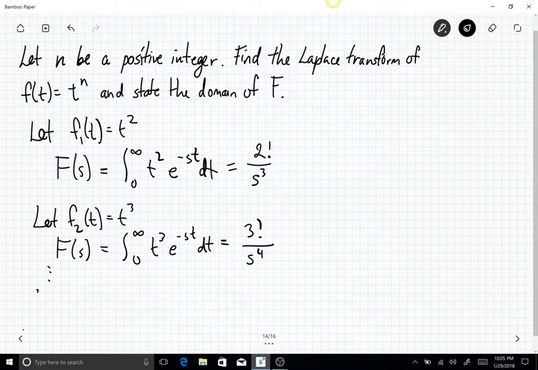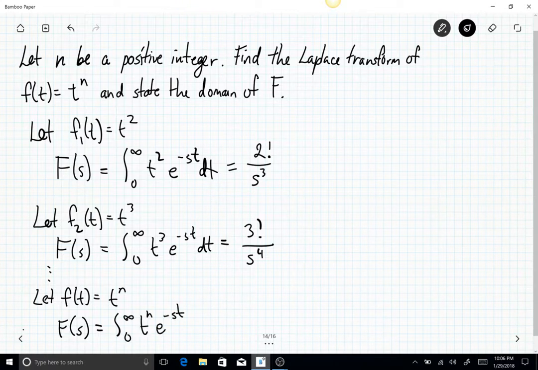And you can keep on doing this, and when you get to some f of t equal to t to the n, what you get in that general case, by building this pattern, is that the integral of t to the n e to the negative st dt is going to equal, well, what happened?